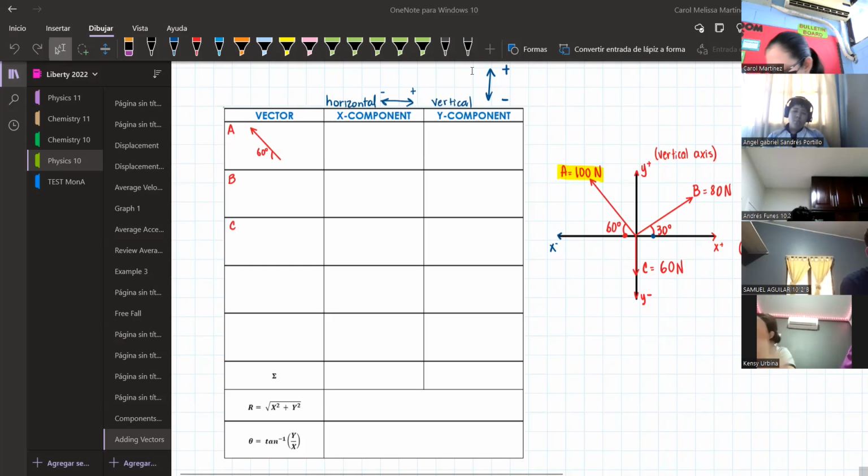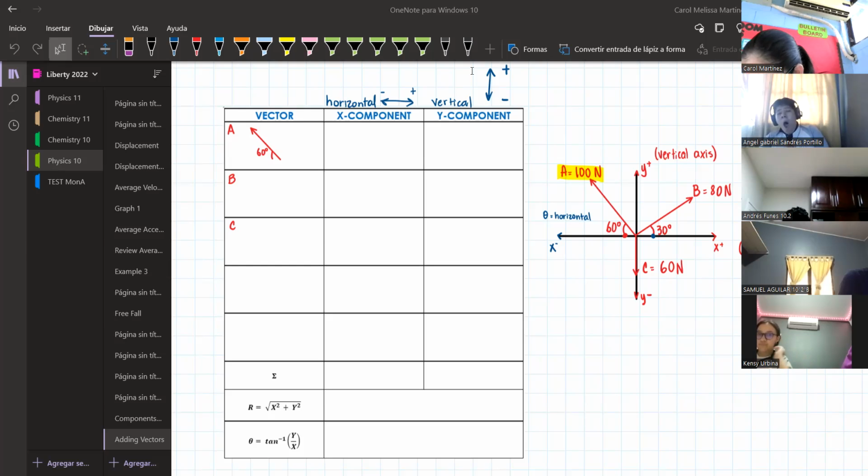Horizontal. So when this occurs, we say that the angle is a horizontal angle. Remember that I gave you the classification of the angles according to the axis that the angle is touching. This angle is touching the horizontal axis, so it is a horizontal angle.